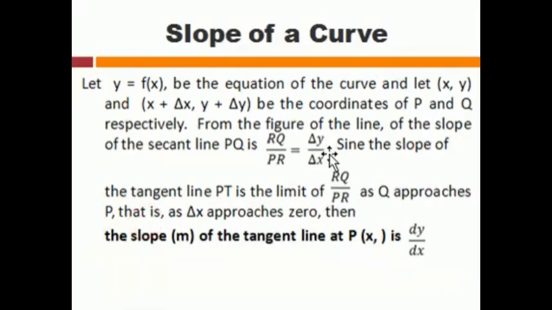Next, since the slope of the tangent line PT is the limit of RQ over PR as Q approaches P, that is, as delta x approaches 0, then the slope m of the tangent line at point P, x, y is dy dx.